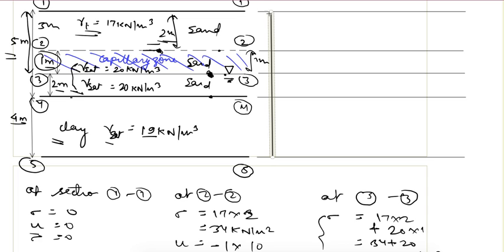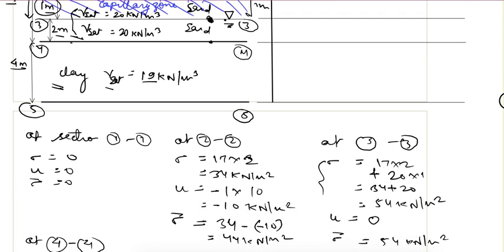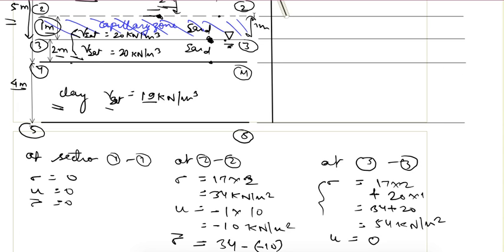Next at section 2 it is 34, and after that it increases with the unit weight of sand, and after that with the unit weight of clay.